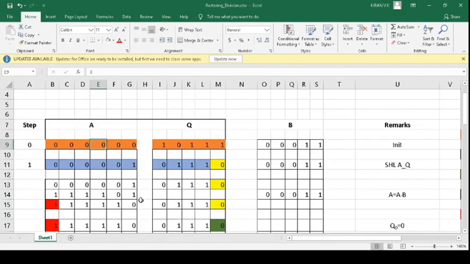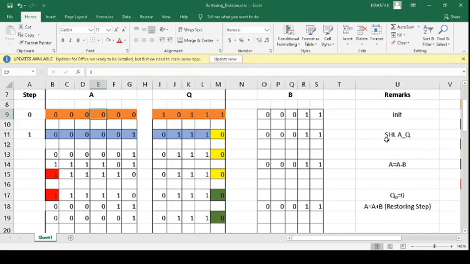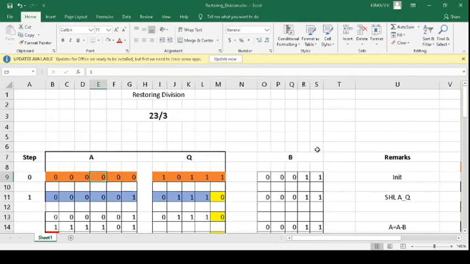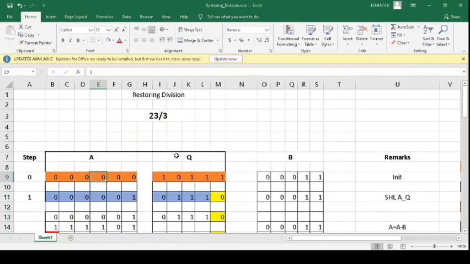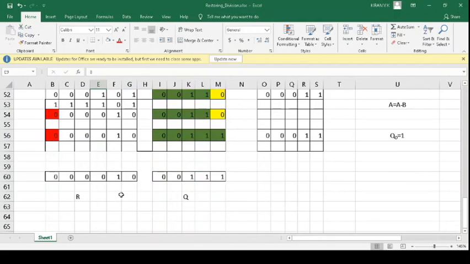It is pretty obvious. When you perform shift left AQ and subtract B from A, effectively you are taking portions of this dividend 23 into A, that is shift left AQ into A. Then you are trying to subtract 3 from A. So when you take parts of 23 into A and subtract 3 repeatedly, ultimately what is left behind is the remainder.